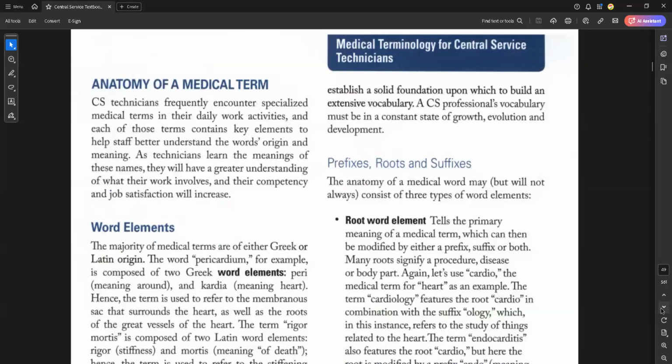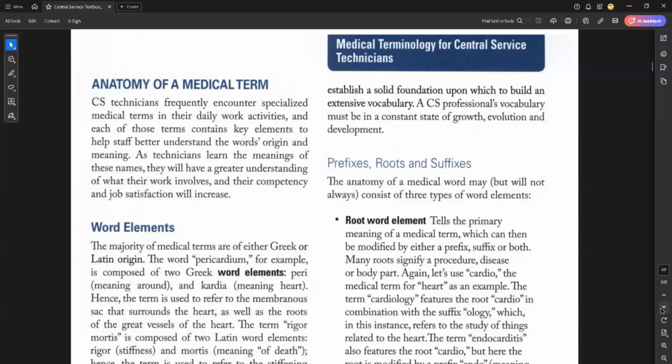Now, we have three word elements. Just as humans have names, medical terms, or the terms used in the medical field, we can dissect them or divide them. Some have three word elements, some have two, some could be one. But there are three word elements that we are going to study.